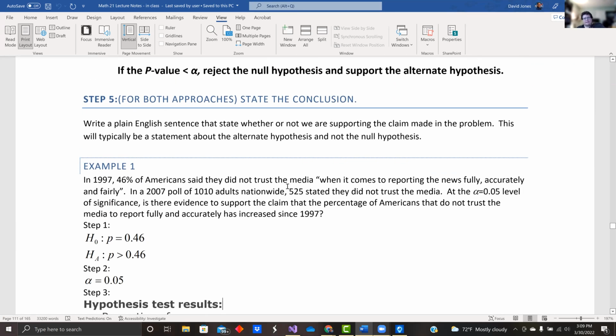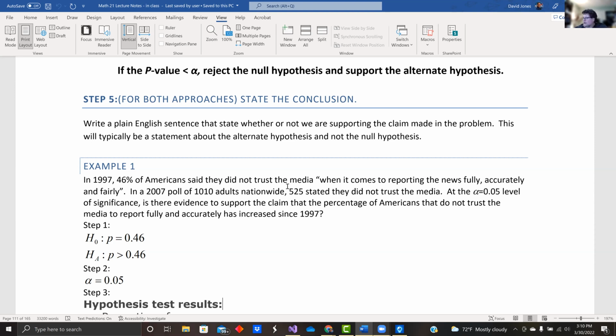In 1947, 46% of Americans said that they did not trust the media when it comes to reporting the news fully, accurately, and fairly. In a 2007 poll of 1,010 adults nationwide, 525 stated that they do not trust the media. At the alpha equals 0.05 level of significance, is there evidence to support the claim that the percentage of Americans that do not trust the media to report fully and accurately has increased?